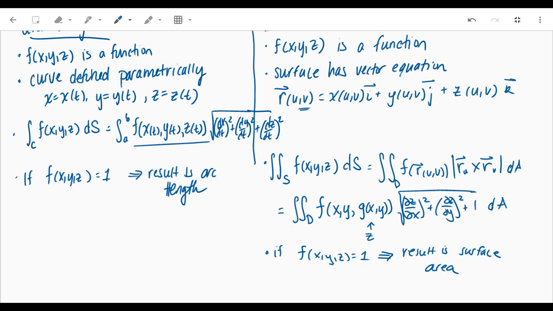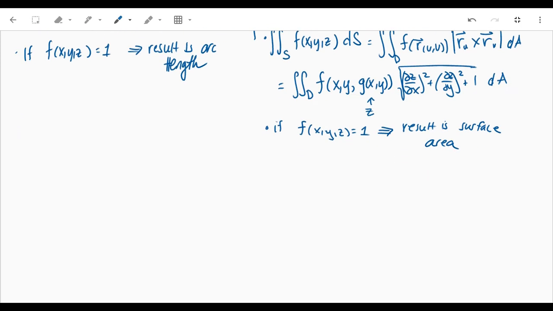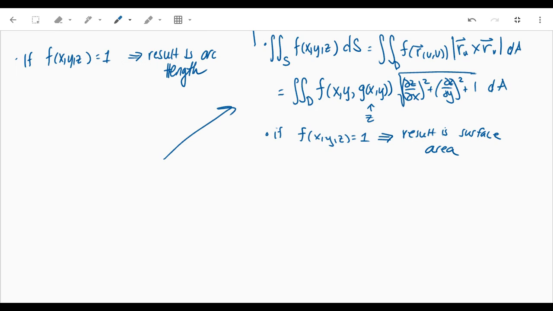Okay, and the basic idea of this, how I like to kind of overly simplify things without getting too much into the proofs: u and v are parameters, with (u, v) in that domain D of the area. u and v get you onto your surface.